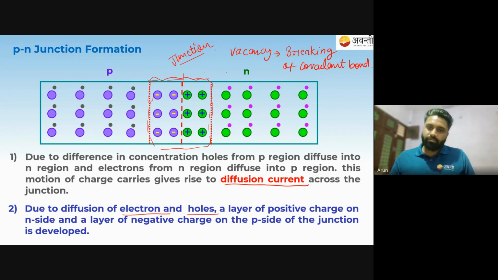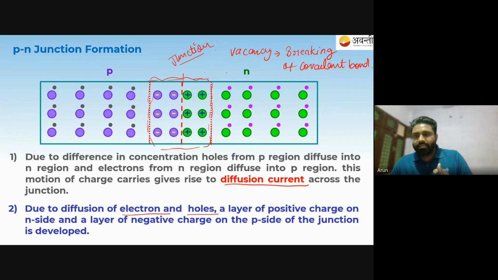Okay. So we can assign them a name, which is immobile. Mobile means which can move, and immobile means which cannot move. So these are the immobile charged ions. Okay. What will they do?